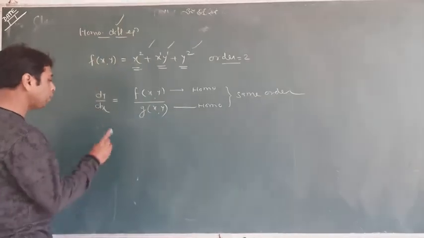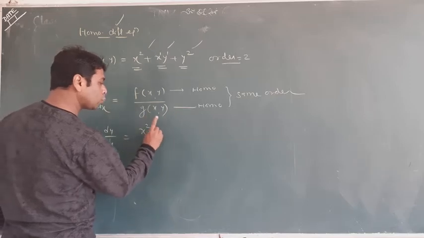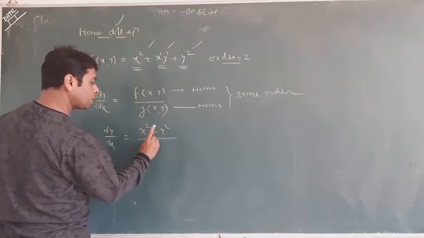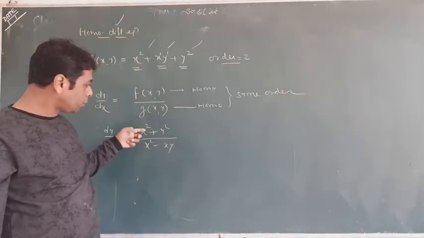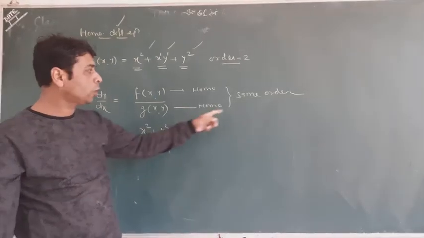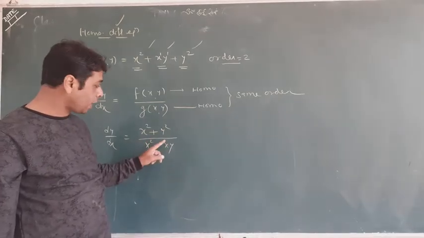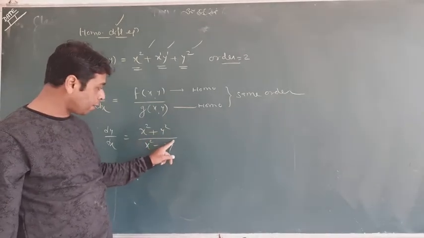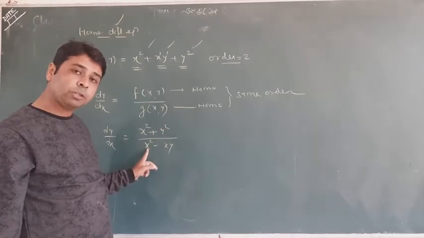I want to give you one example. dy by dx is equal to, suppose, x square plus y square upon x square minus xy. See the numerator: it is homogeneous of order 2. The denominator is also homogeneous because x has power 1 and y has power 1, so this term's power is 2 and this term's power is 2.